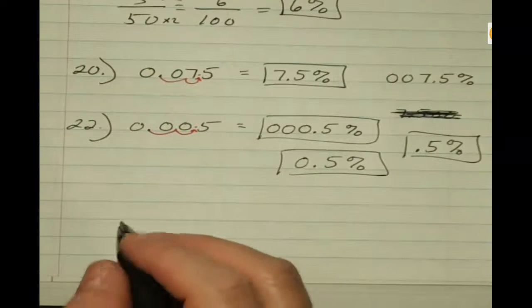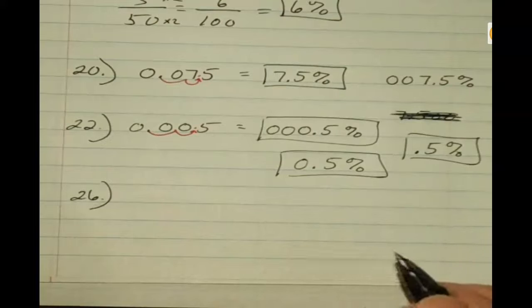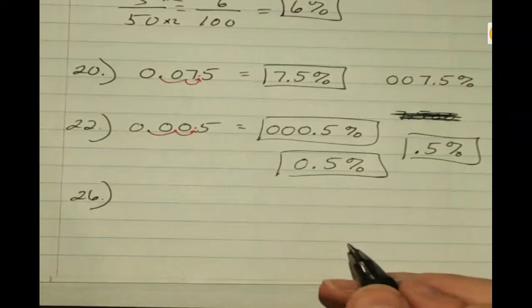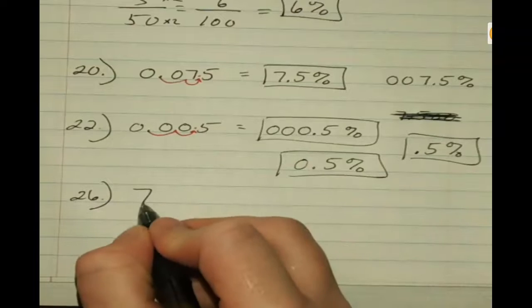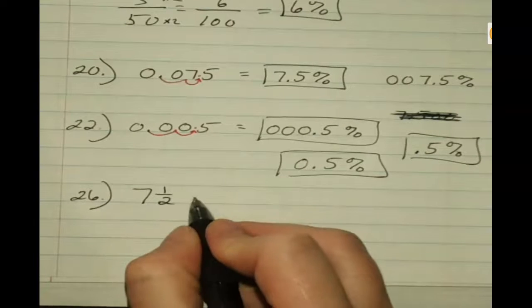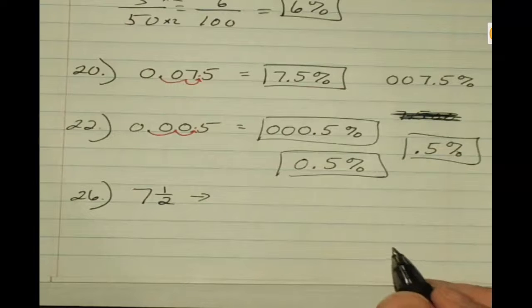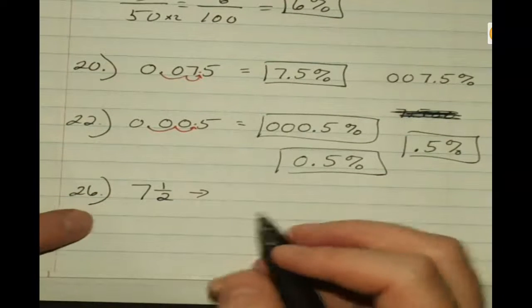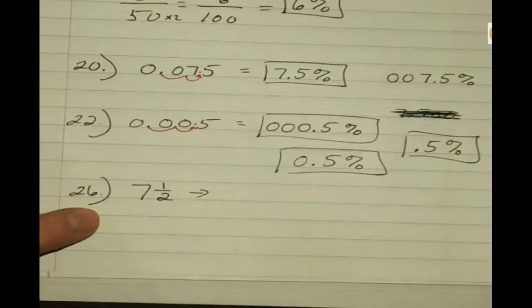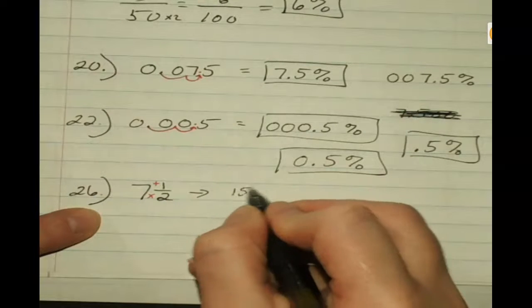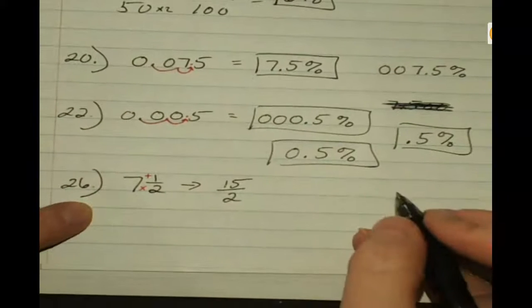Let's do 26. Write each fraction as a decimal and percent. I have 7.5. So as a decimal and percent, I'm gonna stick with the improper fraction thing. It would be 15 over 2 because 7 times 2 is 14 plus 1 is 15 over 2.